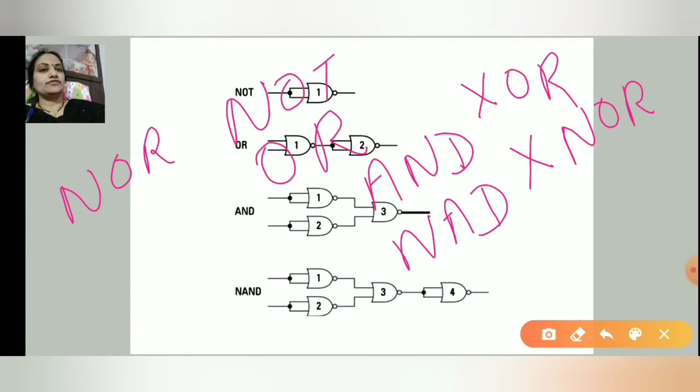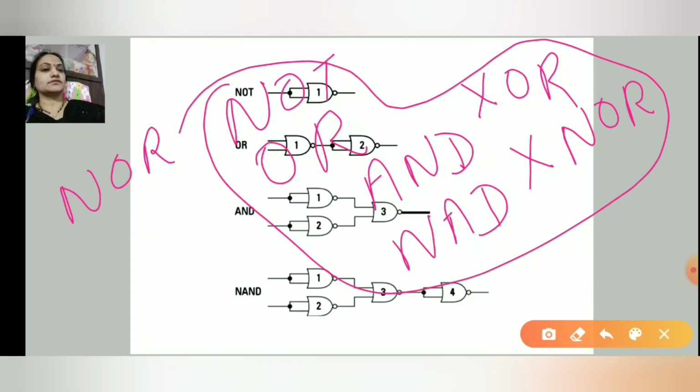That means without using these 6 gates, we have verified their outputs using NOR gates.